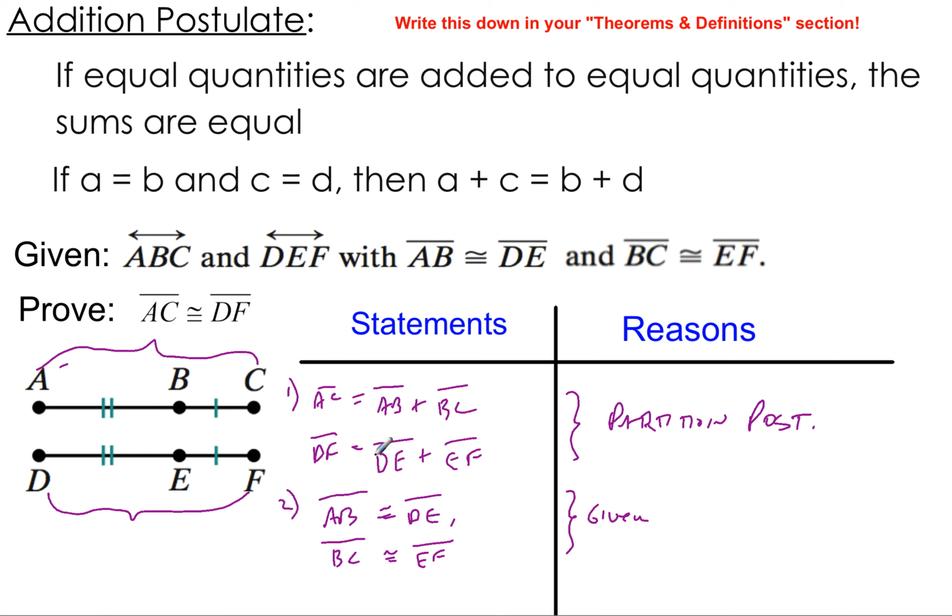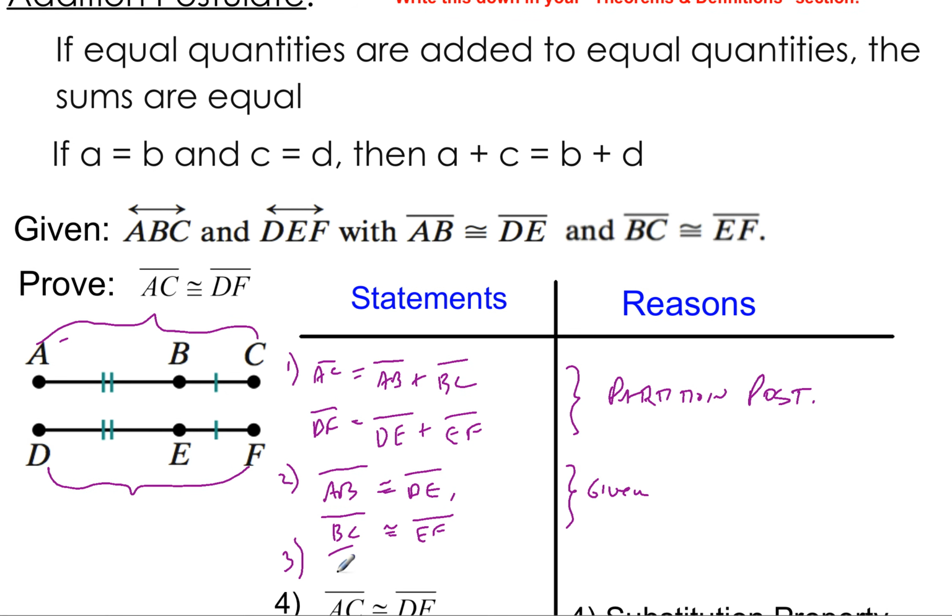Okay, so what do I want to do? I want to say that AB plus BC is equal to DE plus EF, right? And the reason for that is, as you guessed it, the addition postulate. So statement number 3 is going to be that AB plus BC, remember, AB is equal to DE, BC is equal to EF, so AB plus line segment BC is equal to line segment DE plus EF.